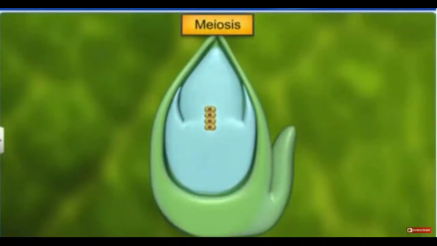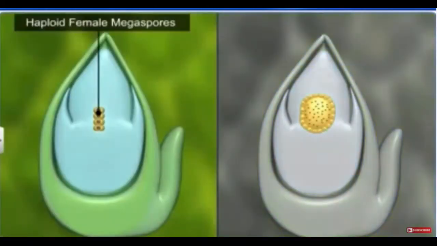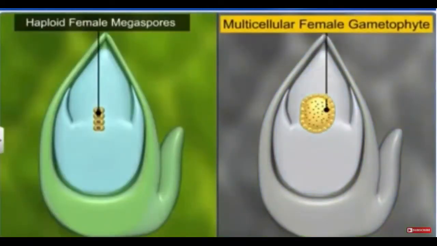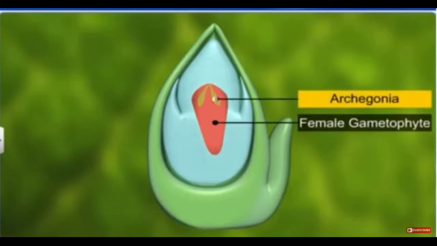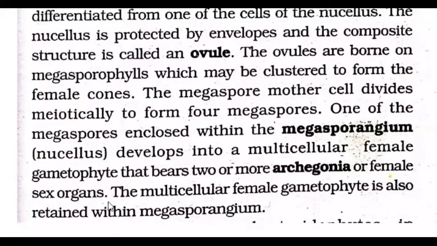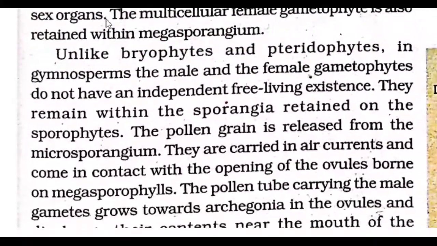And one of these megaspores, enclosed within the megasporangium or nucellus, develops into a multicellular female gametophyte that bears 2 or more archegonia or female sex organs. As you know, archegonium is the female sex organ and antheridium is the male sex organ.